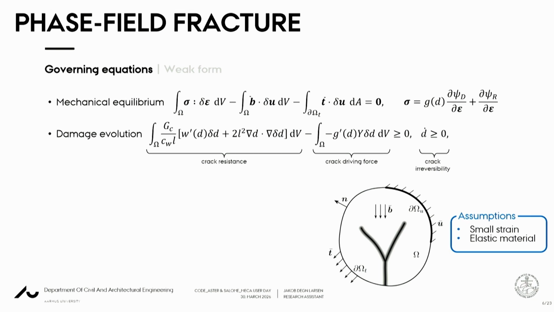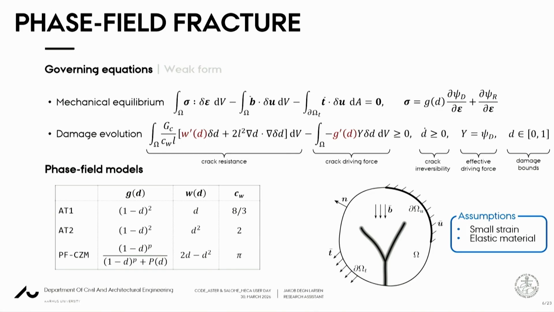And if it's greater than the driving force, then we don't have damage evolving. And if it's equal to the driving force, then damage is evolving. We also have this y, an internal variable, which is usually known as the effective driving force. And then we have to enforce the damage bounds. And basically we can implement different phase field models by varying some of these parameters in the damage evolution equation.